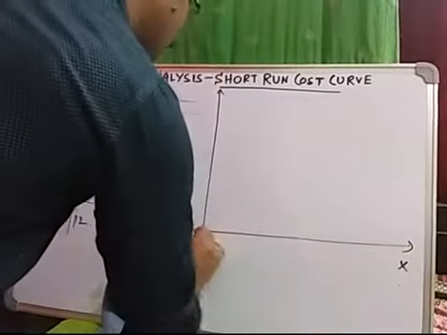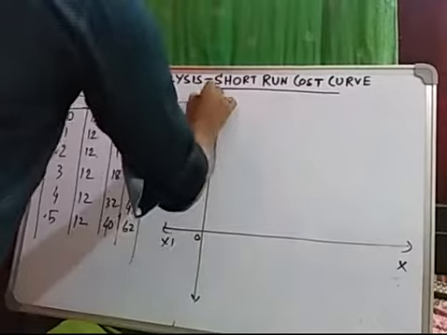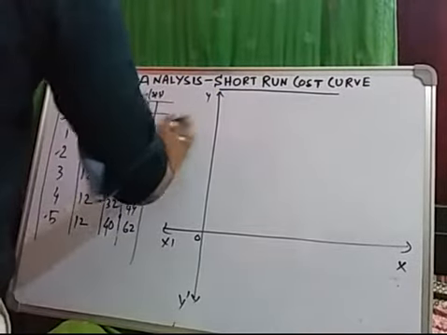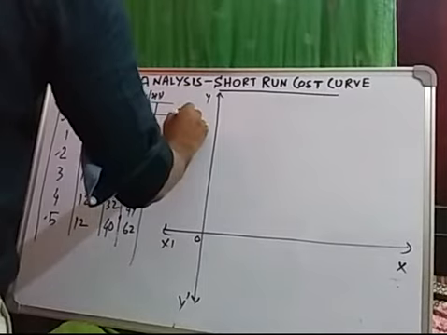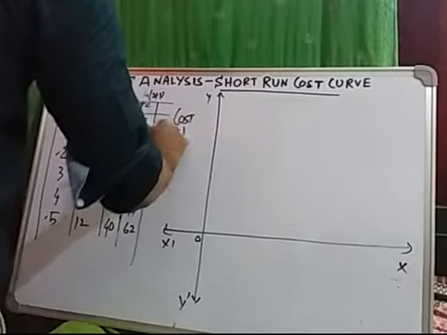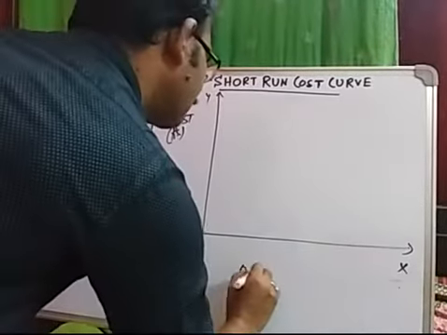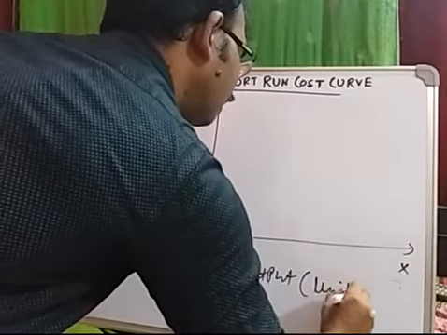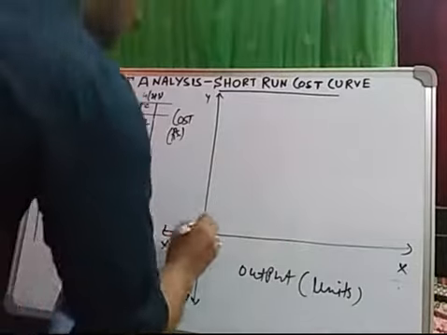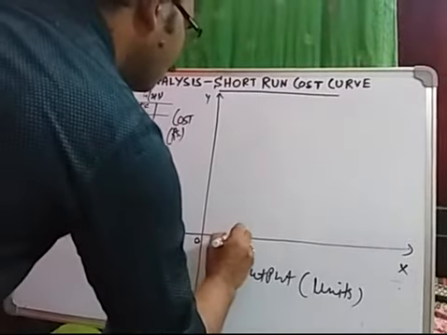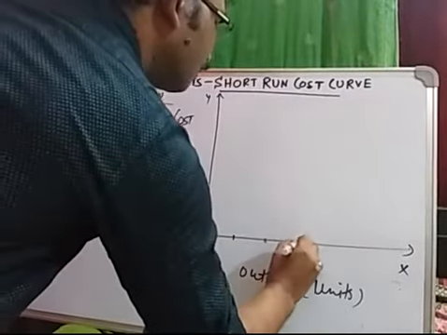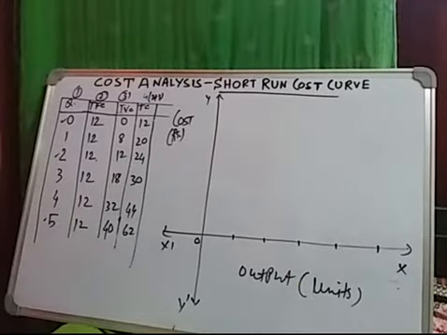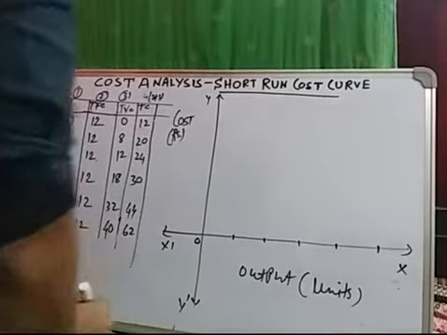So here XO X dash, YO Y dash in the same way. Here I am denoting the cost in rupees, and here is output in units, and the quantity is 5 units, 0 to 5. So 1, 2, 3, 4, 5. Clear? And here is 60.